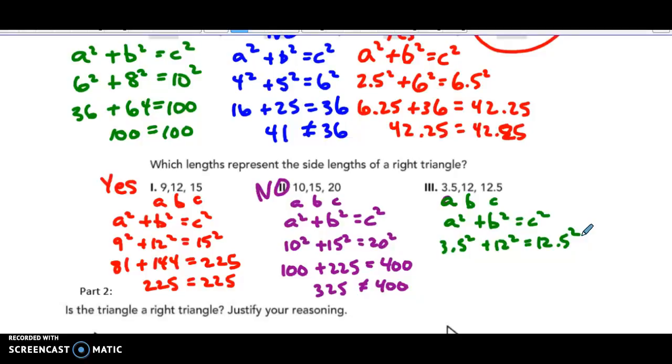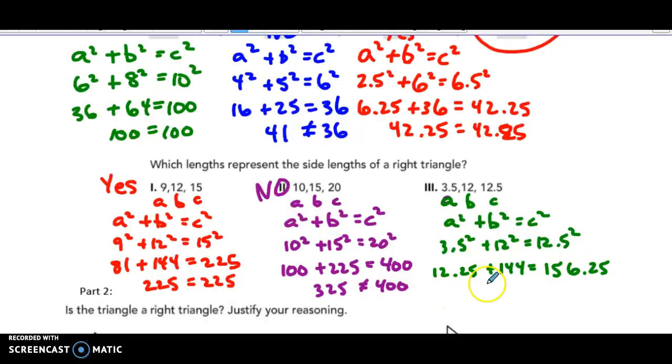Okay, so next step is to simplify. So if I have 3.5 squared, then that simplifies to 12.25. 12 squared is 144, and 12.5 squared is 156.25.